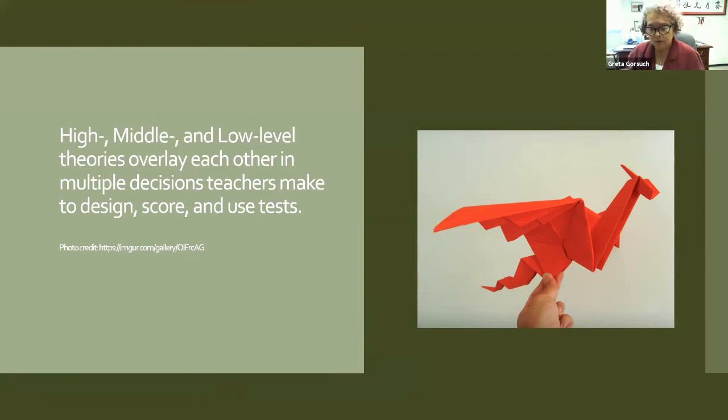And so in talking about this test contribution from Shaver and looking at it through the lens of high, middle, and low-level theory, I'm not trying to force what she says into specific categories. It's important to remember that there is overflow and interleaving in what teachers do when they design and use tests.